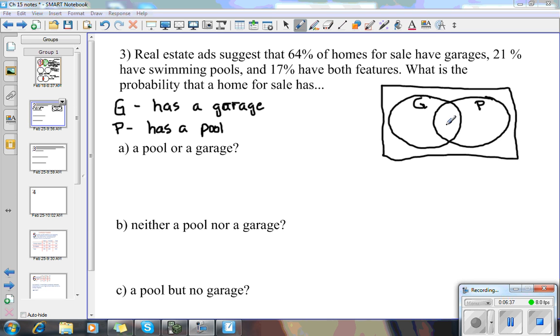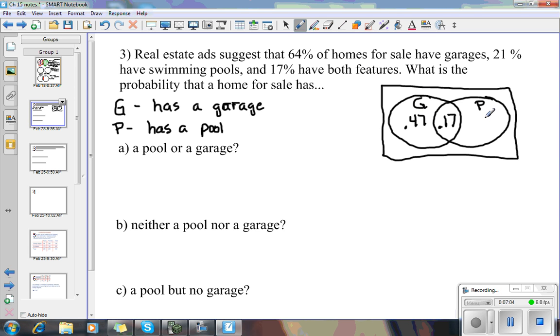Okay, so I'm going to start with the part that has both. There are 17%, so the probability that it has both is 0.17. Then all I need to do is find the probability that's over here, that they have a garage but not a pool. Remember, the whole circle for garage has to total up to 0.64. So you just take 0.64 minus 0.17, and you get 0.47. So these two things have to total up to the 0.64.